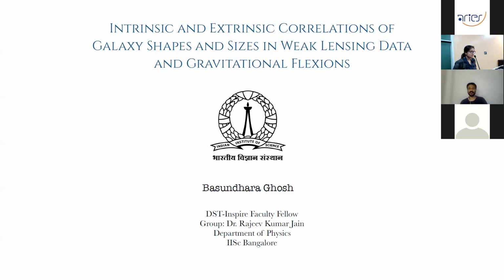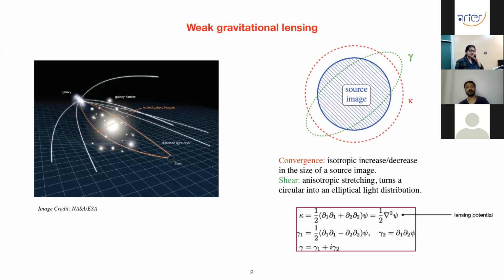So just to give you an overview of what weak gravitational lensing is, because that's the background of the discussion, although it's probably known to most of you. Essentially, when we are observing some source from Earth using our telescopes and instruments, we are able to observe certain sources because photons are traveling from them to the observer on Earth.